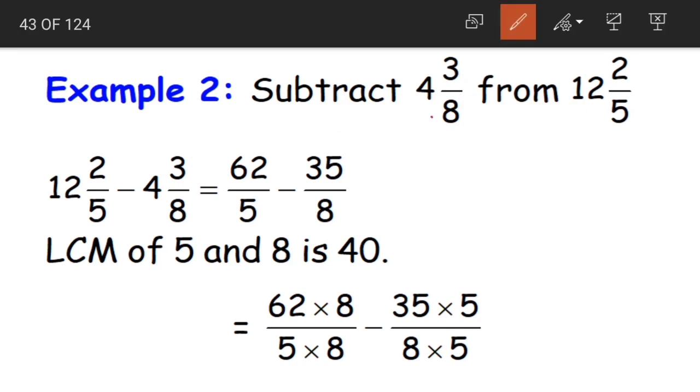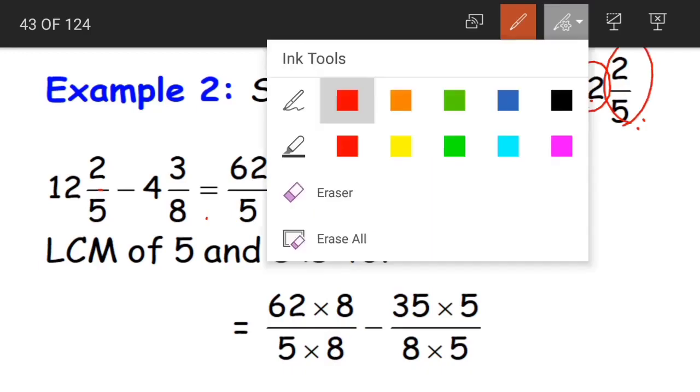Now here again these two mixed fractions are solved as the previous example itself, first converting them into improper fractions and then subtracting. But if you remember from the addition of mixed fractions, children, there what did we do in one method? In one method we added the whole numbers separately and the fractions separately, and then finally we combined their answer.